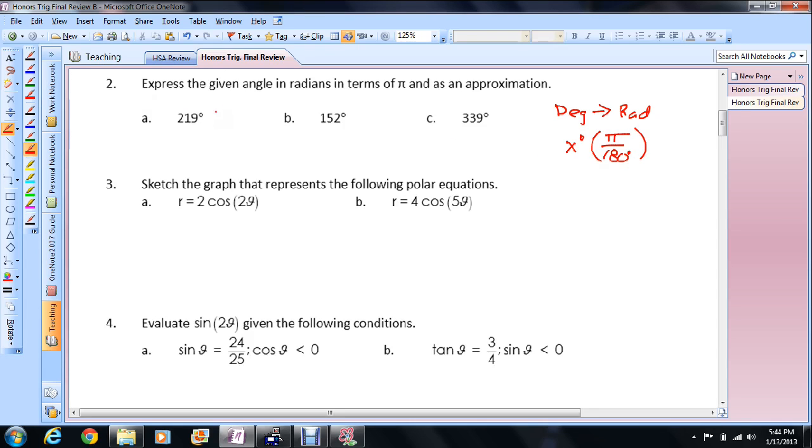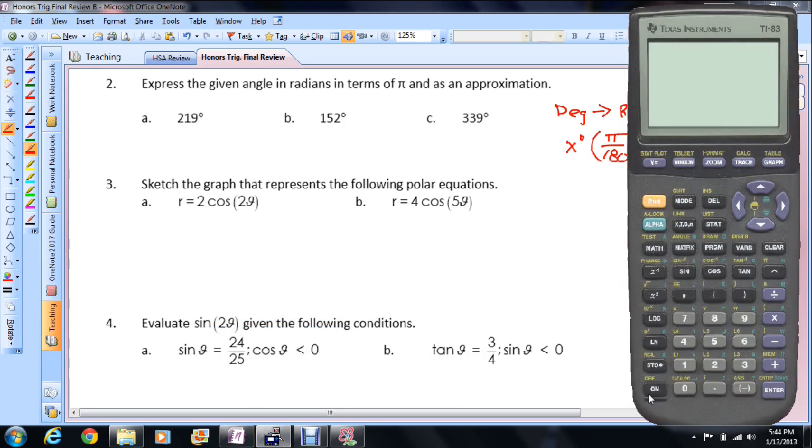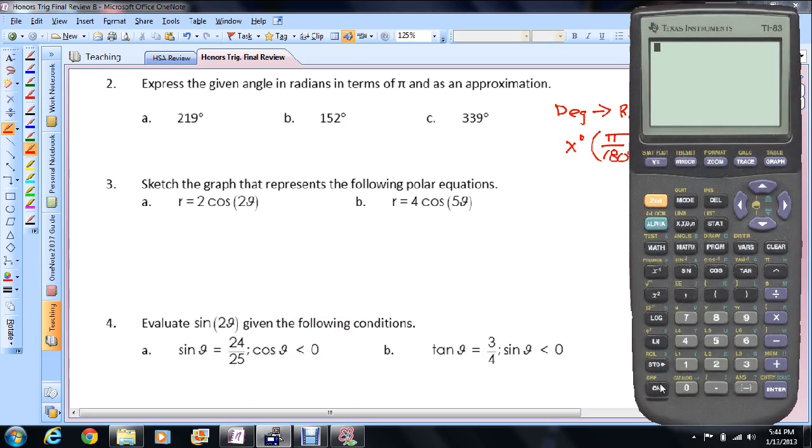So basically we're just taking each one of these values, 219, 152, and 339, and simply multiplying that by pi over 180. A little trick that I like to do on the calculator is that I don't include pi. I just simply plug in the numbers. So for instance, I'm going to plug in 219, multiply that by 1 divided by 180. Again, I'm leaving out the pi. I'm going to tack on the pi at the very end.